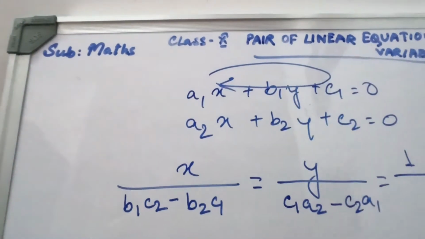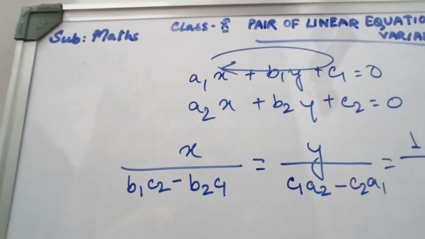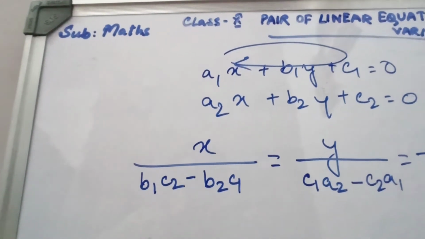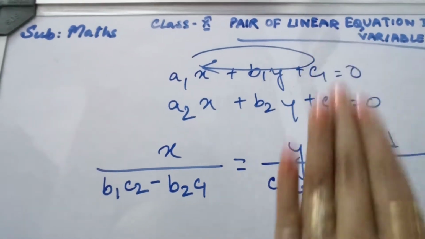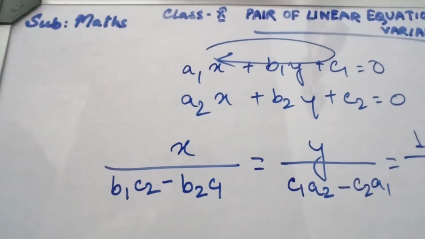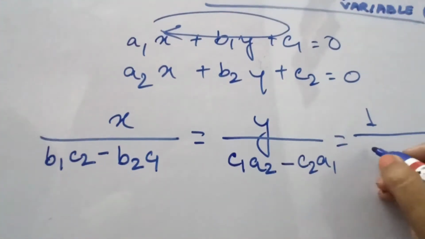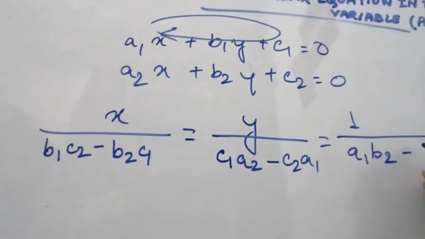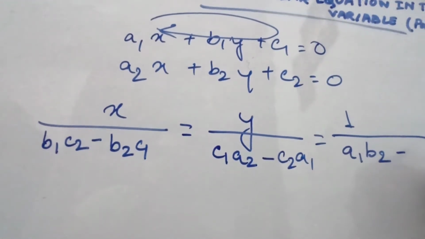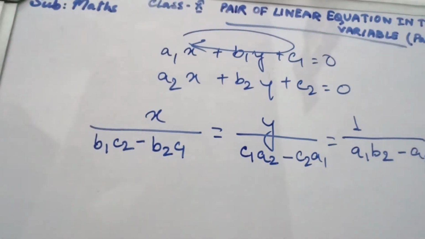We are covering off this part, so it will be a1b2 minus a2b1. Okay.